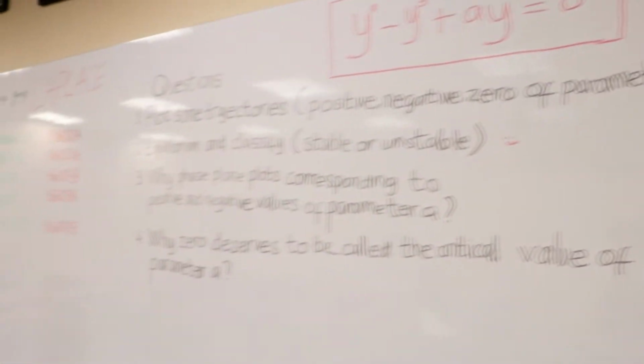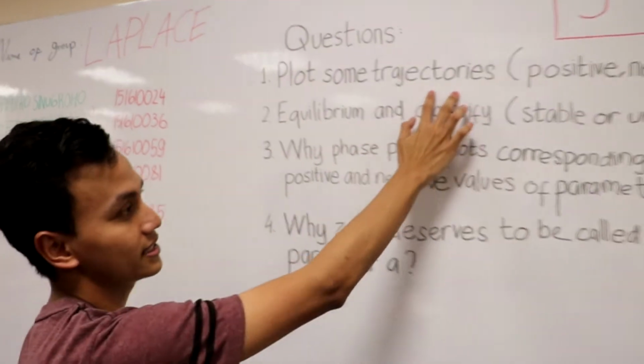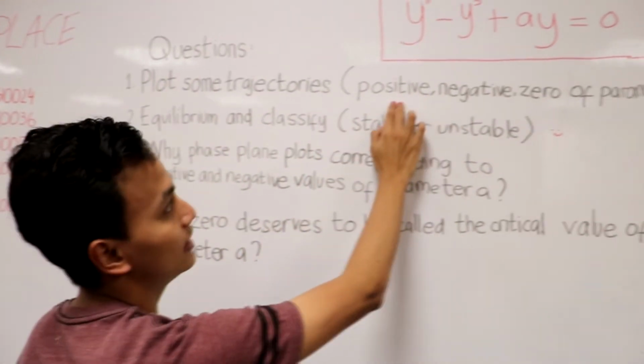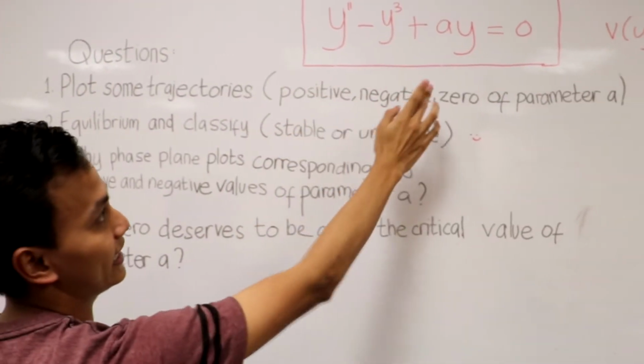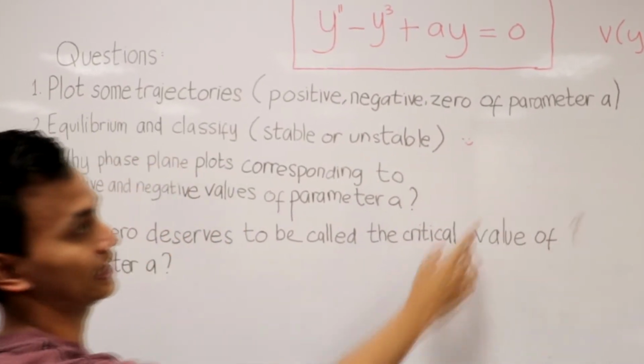The first question is that we need to plot some trajectories for a positive, a negative, and a zero value of the parameter a.